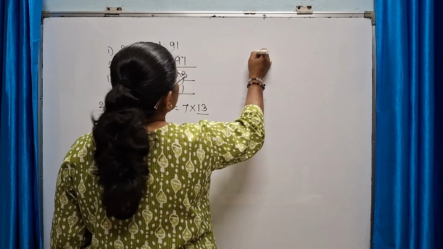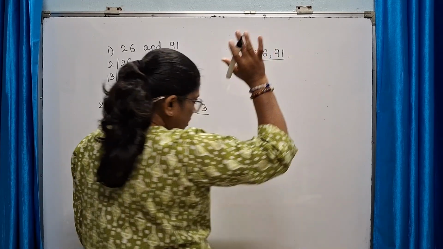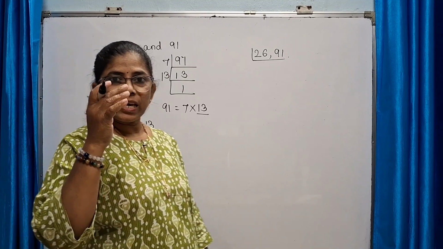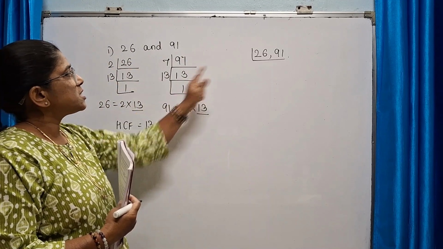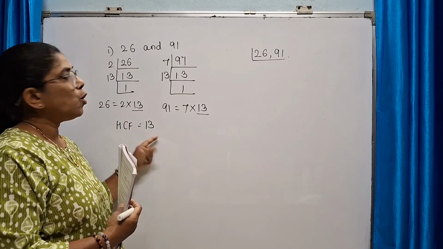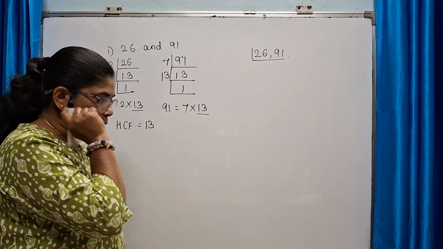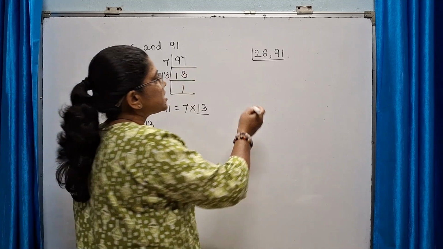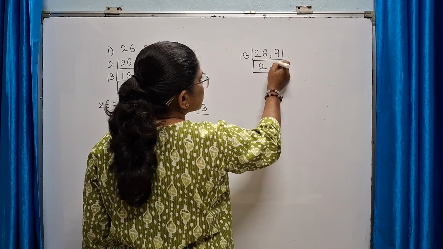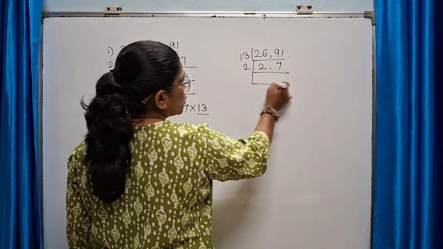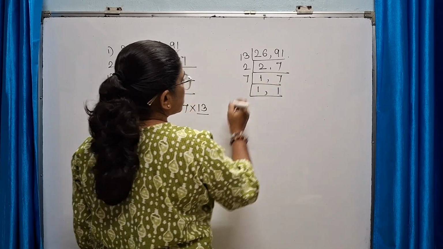For LCM we take these numbers together, 26 and 91. Once you get the HCF, I suggest students start with the HCF, or whatever the common factors are. As we know HCF is 13, let's start with 13 itself. 13 2s are 26, 13 7s are 91.